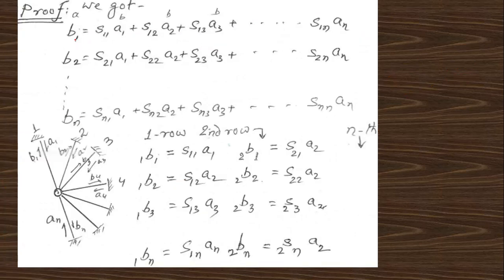If B1 can be written like that, B2 can be written like that, Bn can be written like that. But in another form, B1 comes from 1 to 1, that is S11, this is 1 to 2, then B12, but you can write B21 also, and so on.